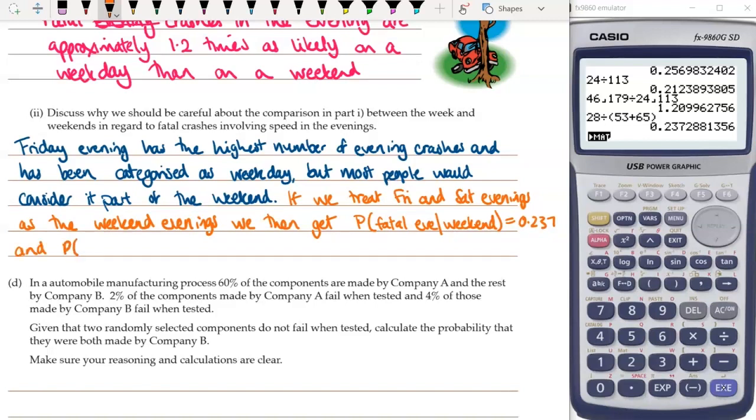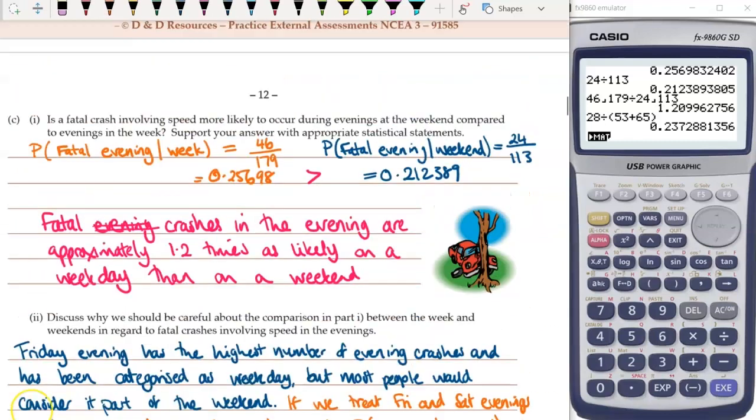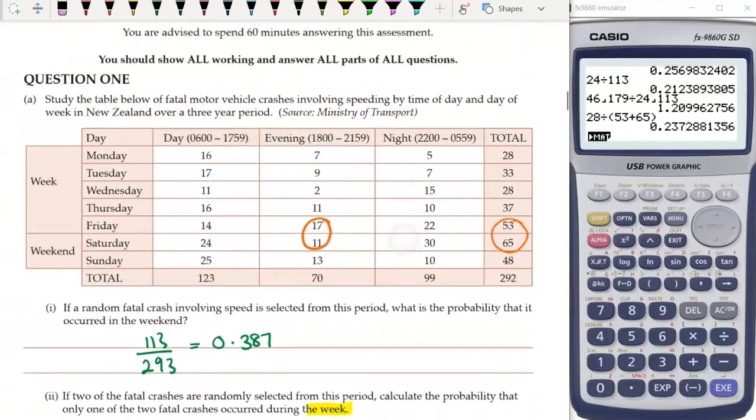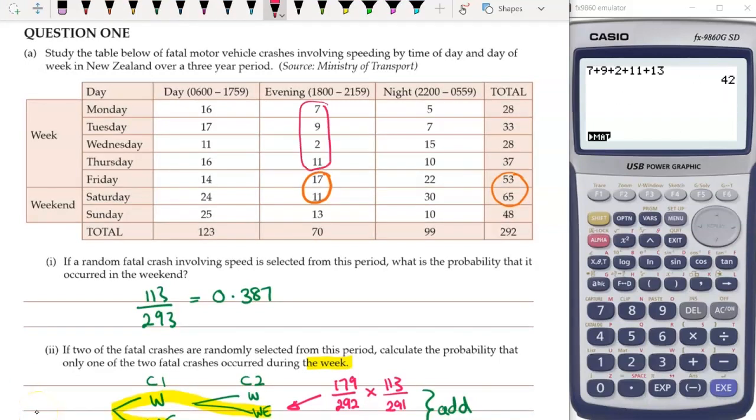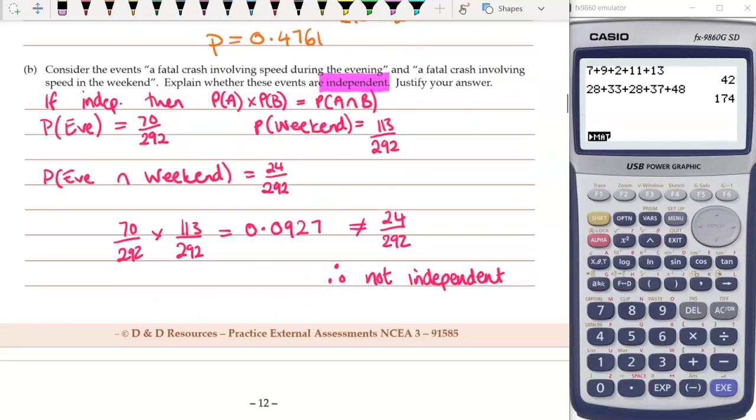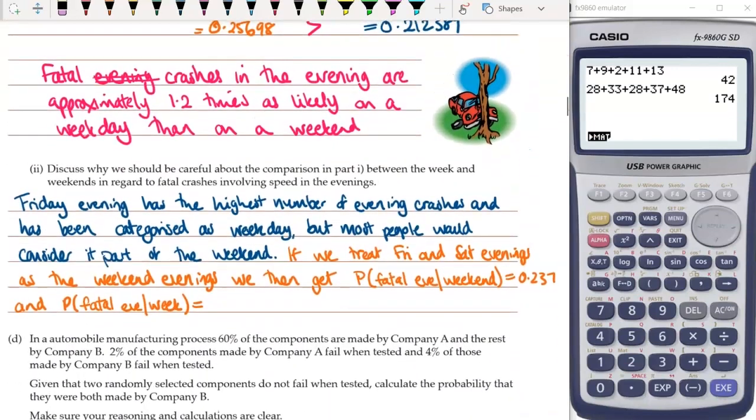And then let's do for the week. So all of the other ones, and I'll just pause while I calculate that. So those evening ones with that one makes 42. And this total with that one is 174.